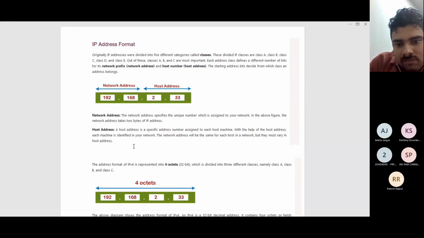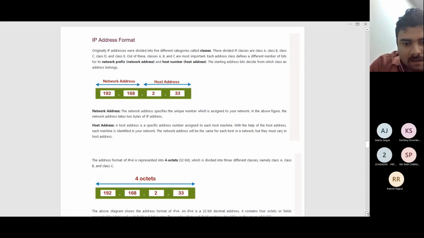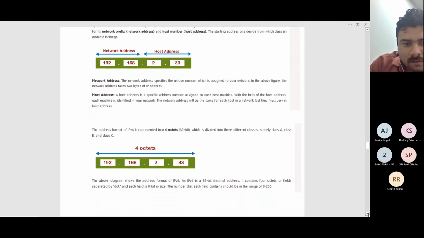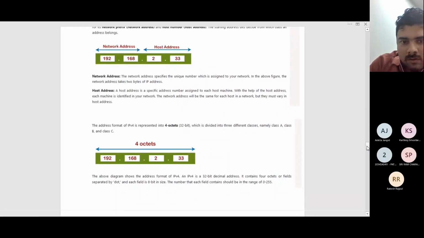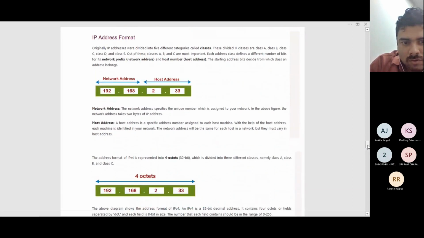The network address will be the same for each host in a network, but the host addresses must vary. So the point is clear, network address and host address, about the bits.